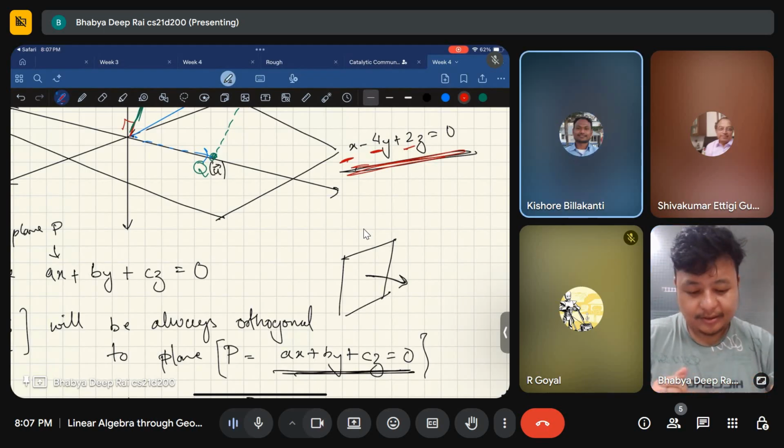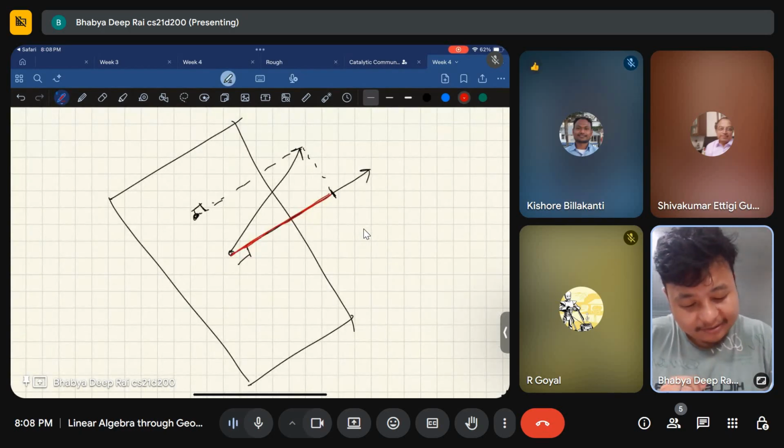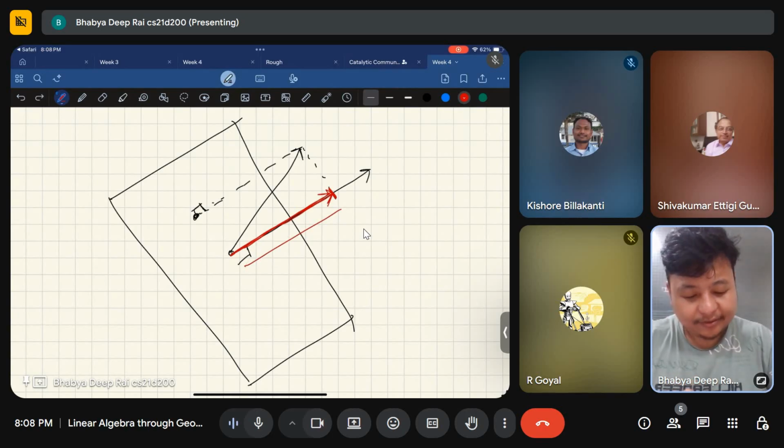Oh. Okay. So that's the idea, and now that you have found the projection here, all you need to do is reverse it. So what is the projection here?